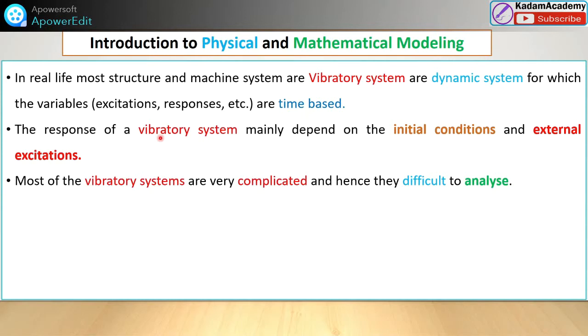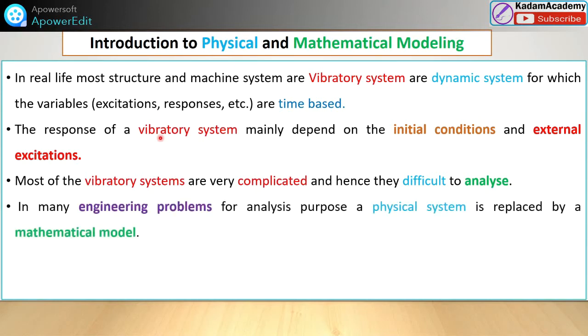For that reason, the physical system is converted by drawing a mathematical model. Okay, so in engineering problems or various machines or whatever machinery we are using, they have infinite degrees of freedom.